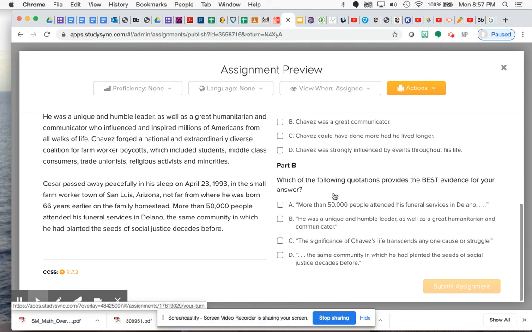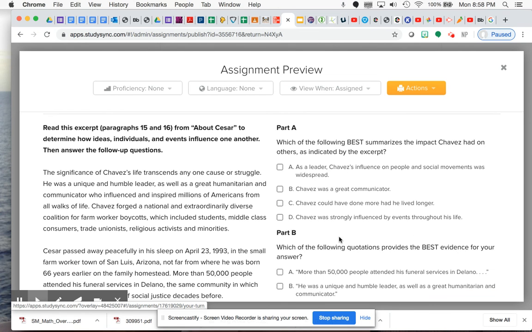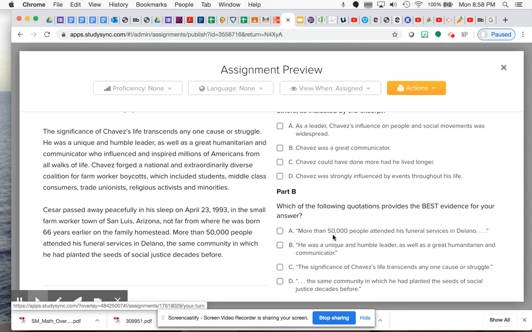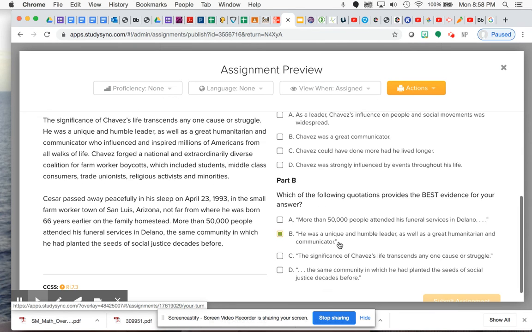And then part B, you need to pick the quotation that best provides the evidence for your answer that you picked in part A. So A, more than 500,000 people attended his funeral services in Delano. B, he was a unique and humble leader, as well as a great humanitarian and communicator.